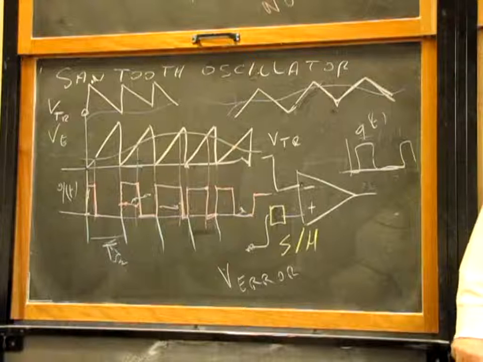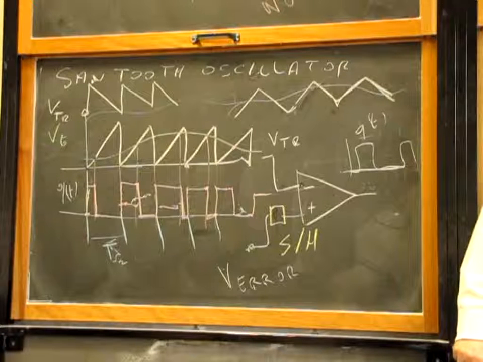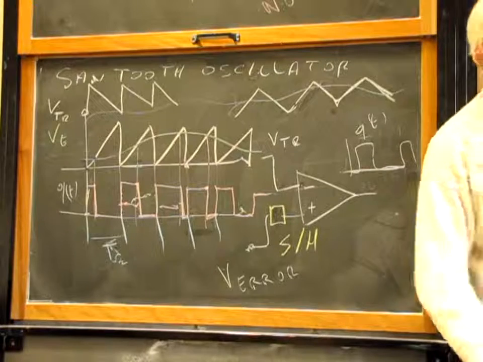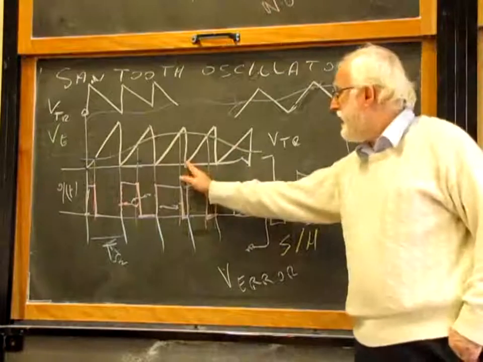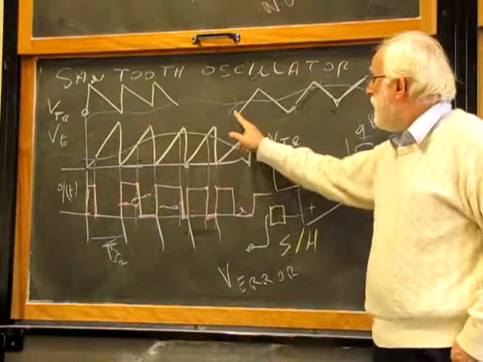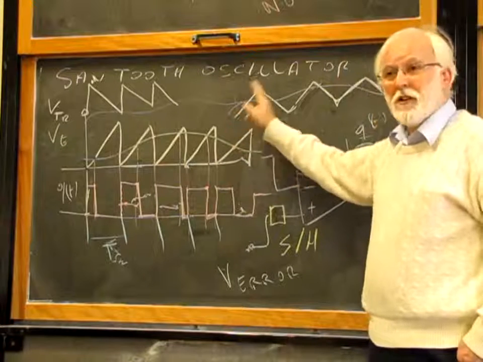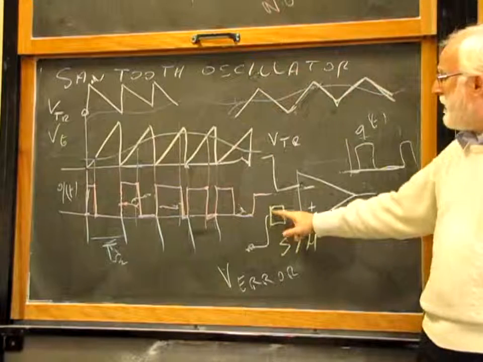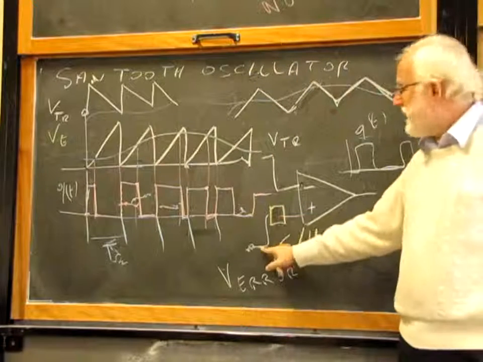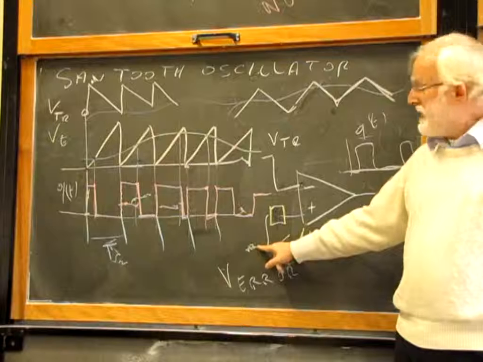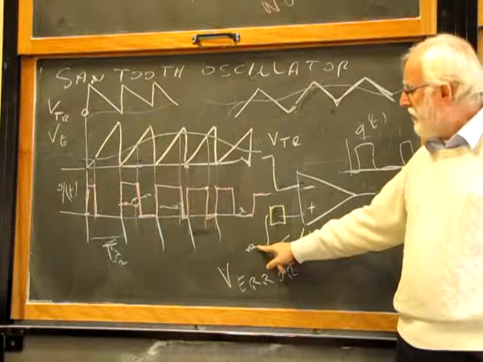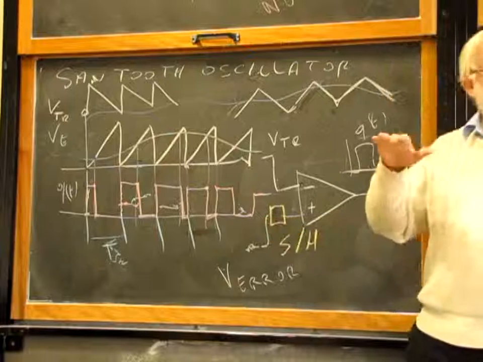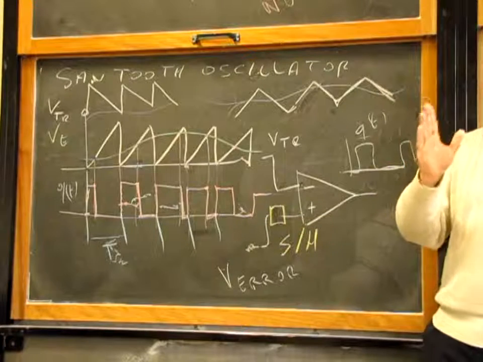Conceptually, yes. That means at the beginning of each cycle, or wherever you want for the double edge modulation, this sample and hold takes the value of this input error signal and keeps it constant for the full cycle.